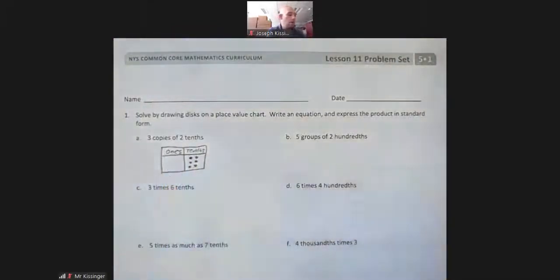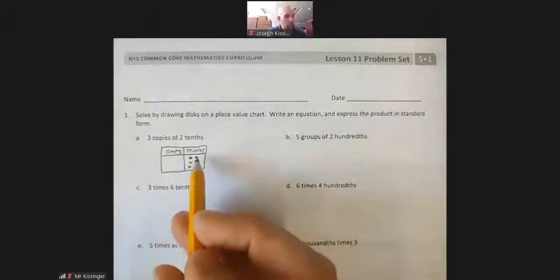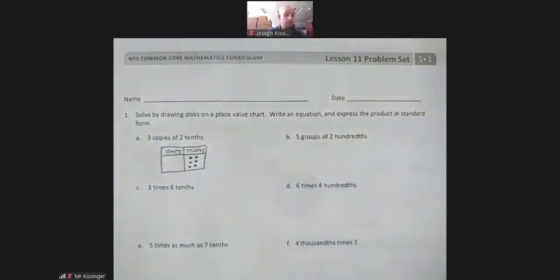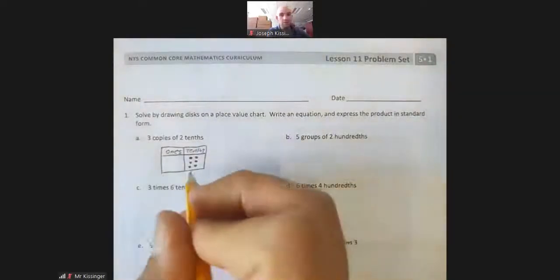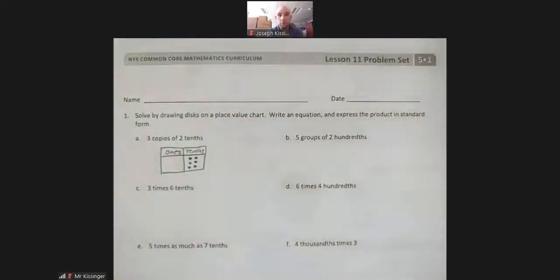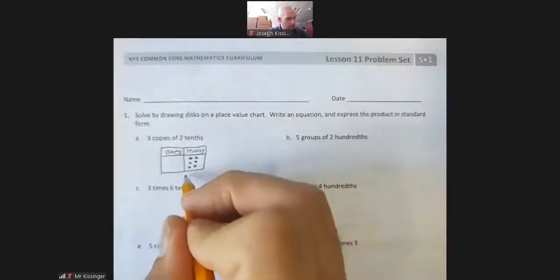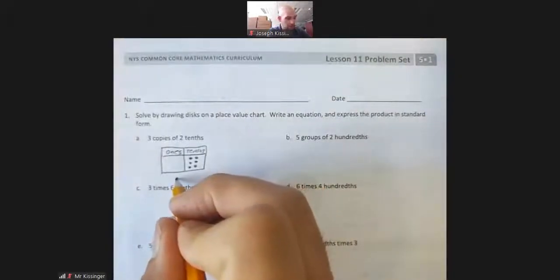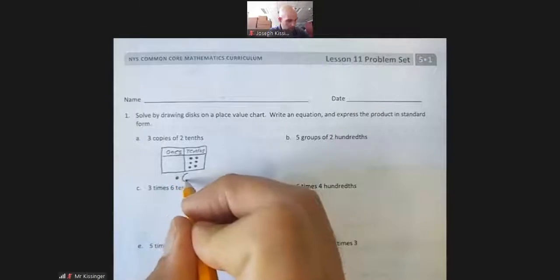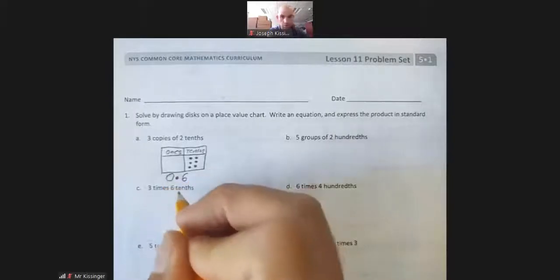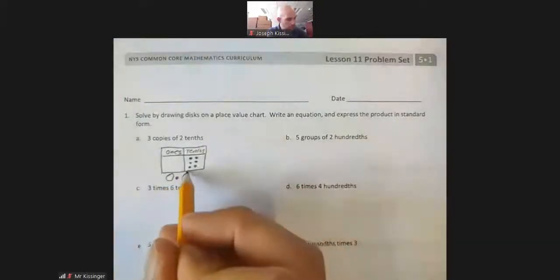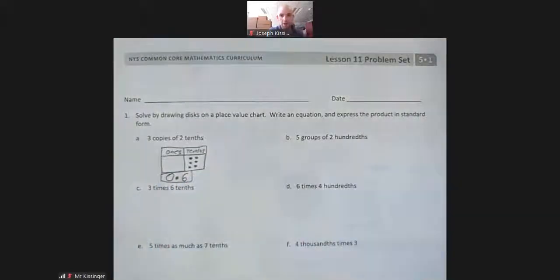But we only have 6/10, so we don't even need our ones place. I always like, when we're working with tenths, to at least put a ones place in there in case we need to cash some of them in for ones. So all we're going to end up with is 6/10, and what that looks like is a decimal point, 0.6. And that would be our final answer there.